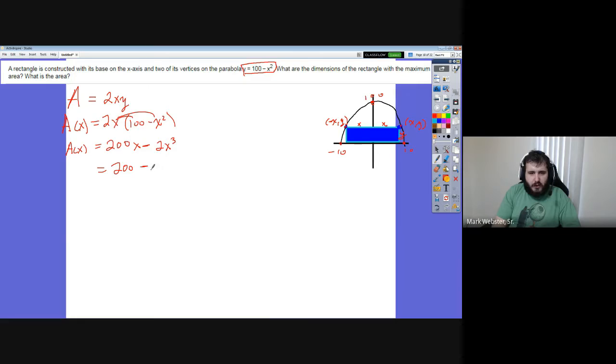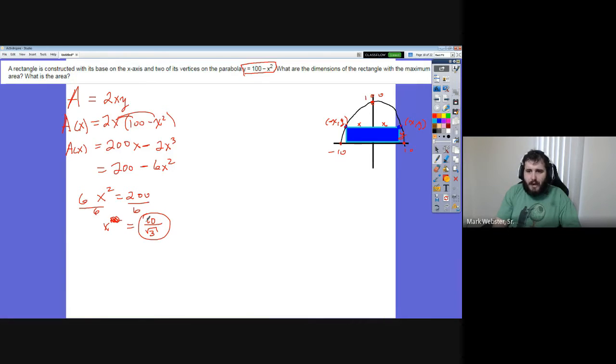Bring down this 3, you got 6x squared. Now I'm just going to solve for x. Divide both sides by 6. We get x squared equals 100 over 3. So x equals 10 over radical 3.